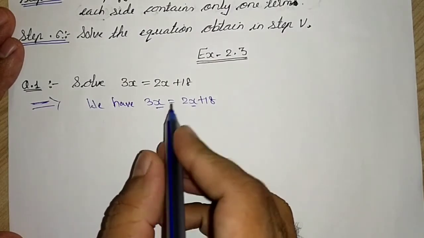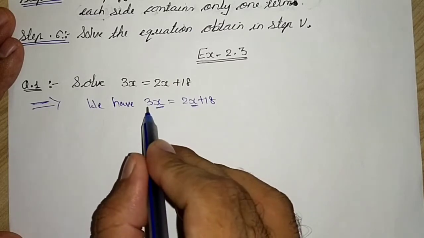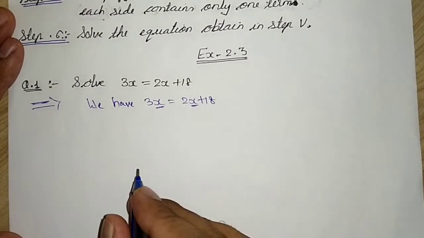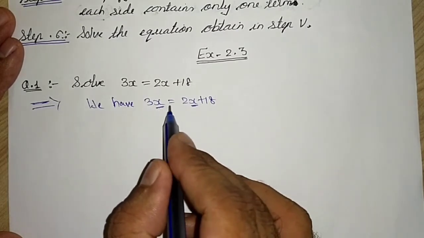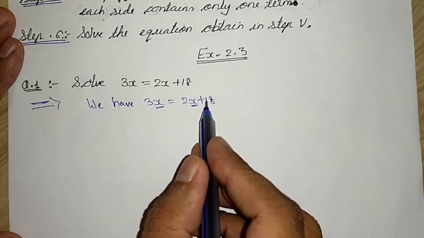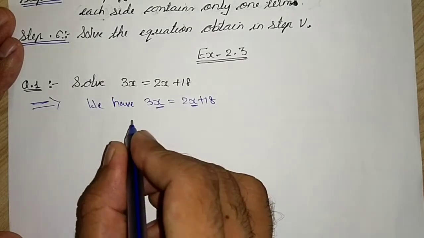Fourth step, take the terms containing the variable to the LHS and the constant terms to the RHS. Here we do not have a constant term in the LHS, so we will not take anything towards the RHS, but the RHS has a variable term, so we will take it to the LHS.